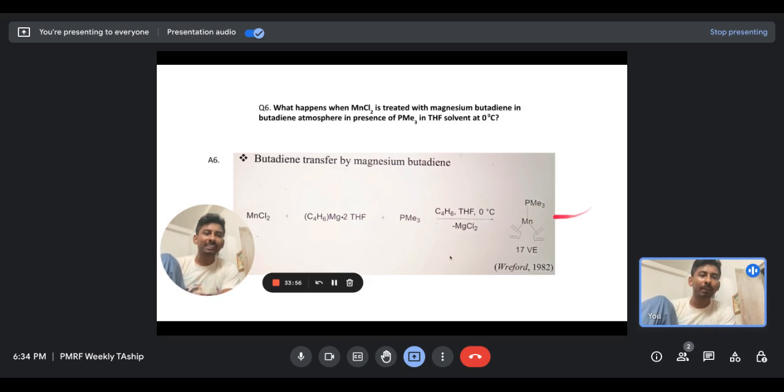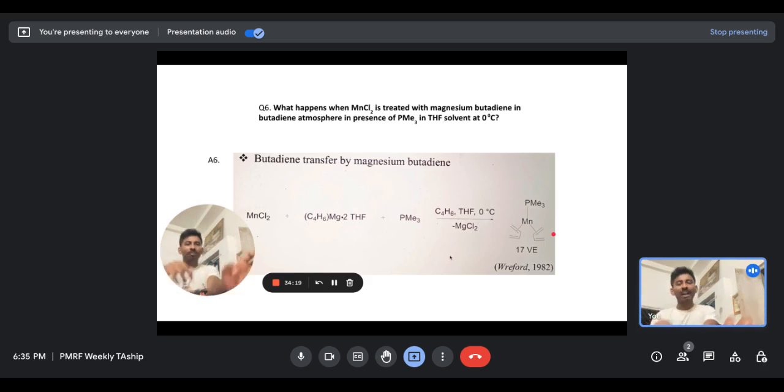This specific example can actually teach us how this magnesium butadiene complex can transfer the butadiene to the 3d metal center, and grab the halide atoms from it to eliminate them in the form of MgCl2, which is a very stable ionic compound. PMe3 actually comes to stabilize the zero center.